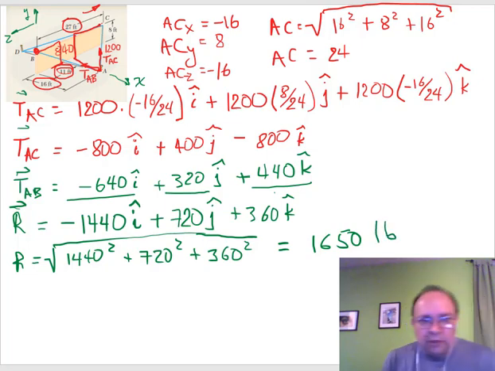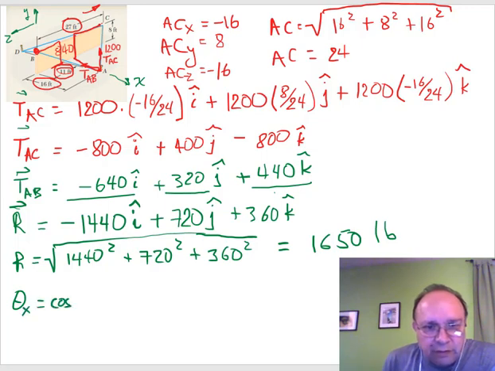Now, if we want to get the angles of the resultant, which is the other question, theta x will be cosine inverse of minus 1440 over 1650. This is negative, this is very important.